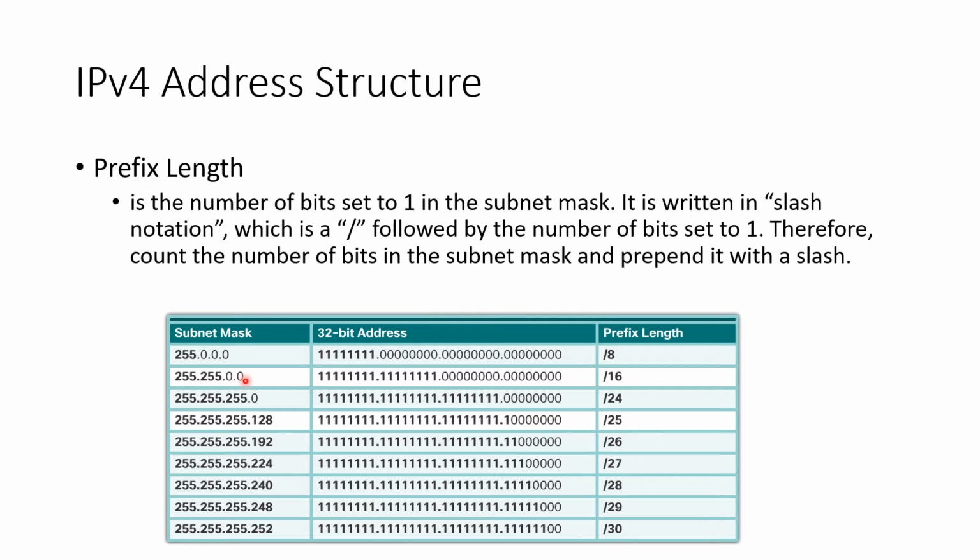You can see here 255.0.0.0 has a slash 8, then slash 16, 24, 25, and that is how it goes on. Don't be confused by what slash 8 or slash 16 means. It's basically the bits.